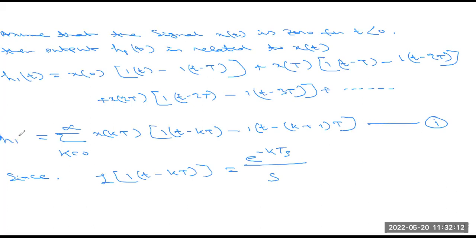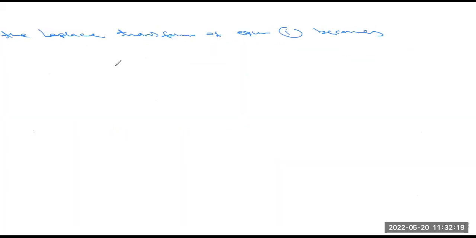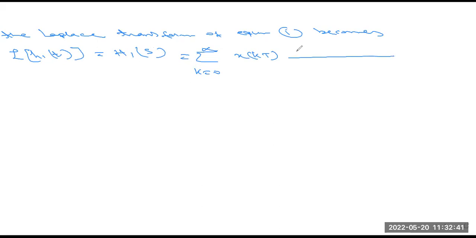The Laplace of h1 of t, that is H1 of s, is equal to the summation of k is equal to 0 to infinity x of kT, when we apply the formula, e to the power minus kTs minus e to the power (k plus 1) into capital Ts, this value changing for different values of k, divided by s.